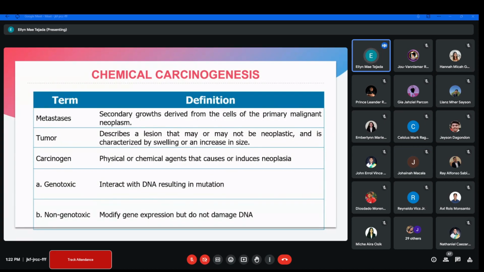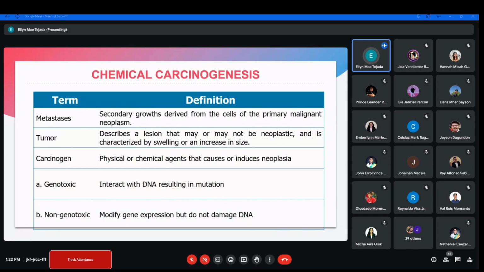It doesn't mean that when a person has a tumor, the result is directly cancer. It needs thorough specification, and it needs to be identified whether it is neoplastic and malignant in order to be considered as a cancer.